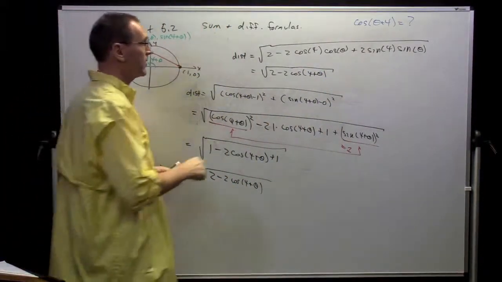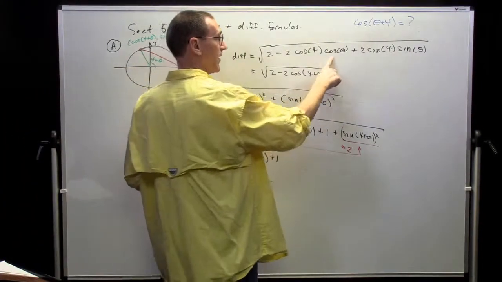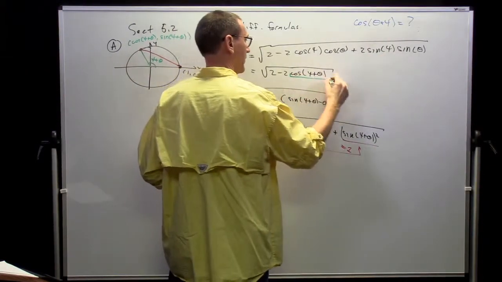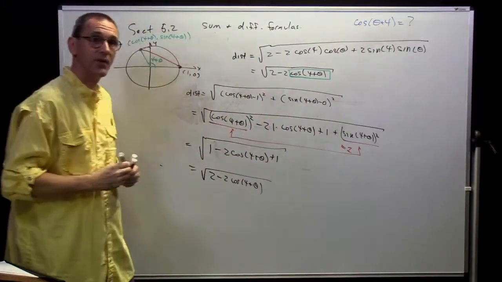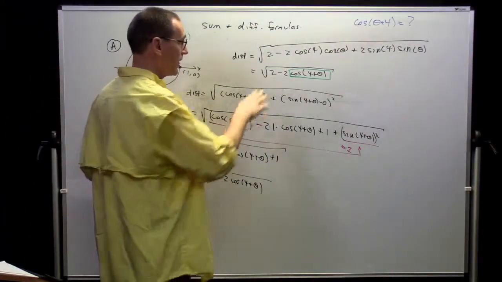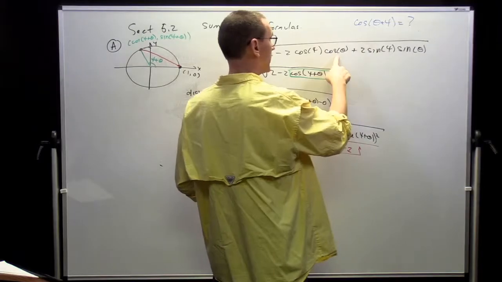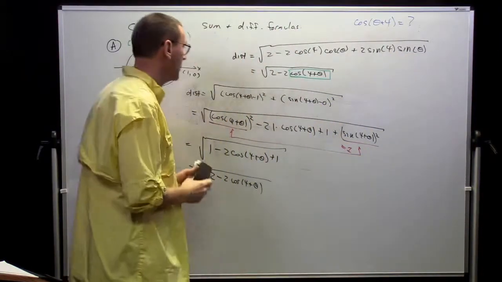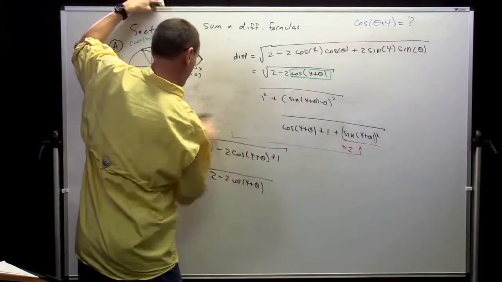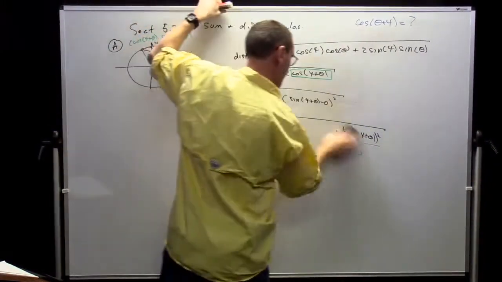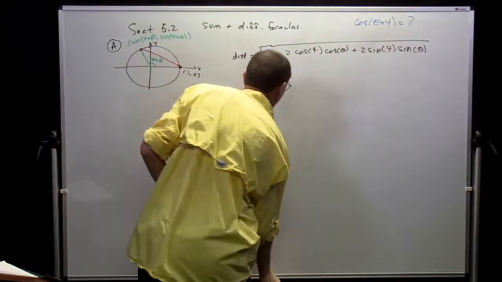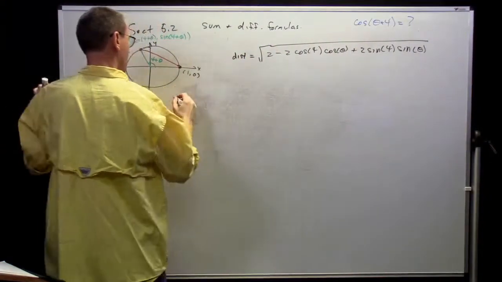Okay, so notice I've got this expression inside here, and I've got this over here, so I'm just going to try to solve for that thing by itself, and I'll get a nice formula that'll tell me how to find the cosine of this in terms of cosine of psi, cosine of theta, sine of psi, sine of theta. So let's see what happens now. Erase that. So what did I have?